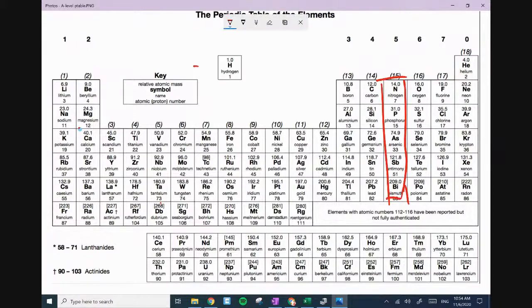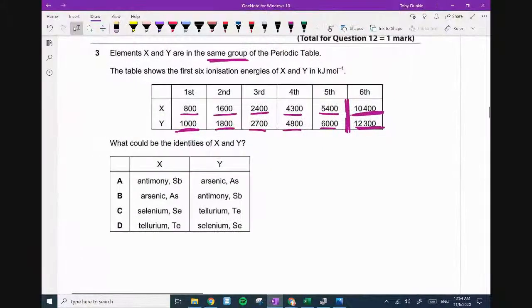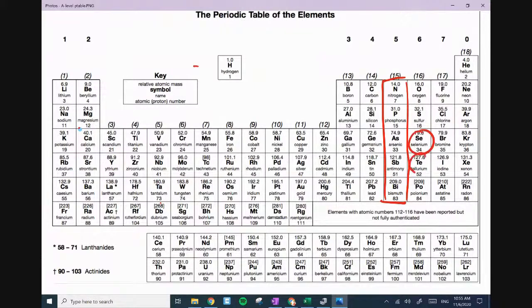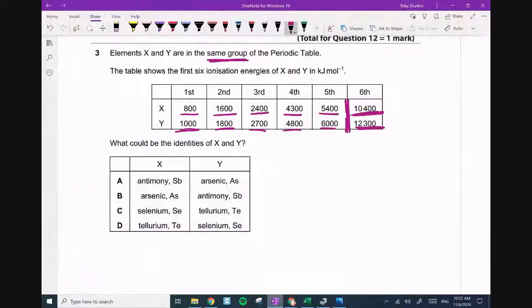Okay. Next. So we know they're in there somewhere. Who are my choices? Right. I've got antimony, arsenic, selenium, and tellurium. They could absolutely be any one of those. So let's just quickly have a look at the first 6 ionization energies. Tellurium and selenium are in the wrong group, so let's eliminate those.